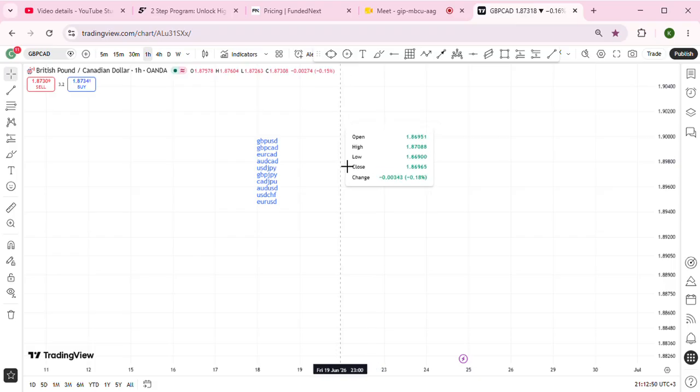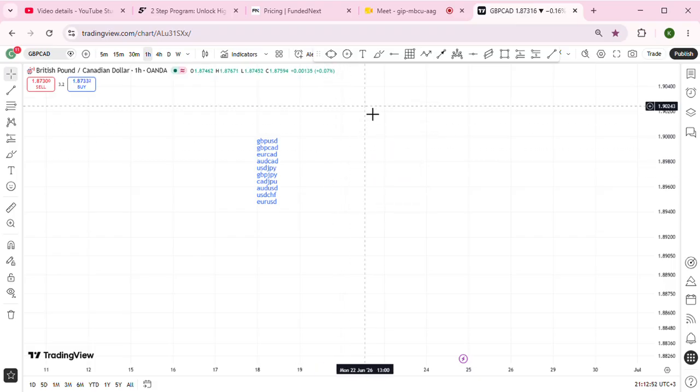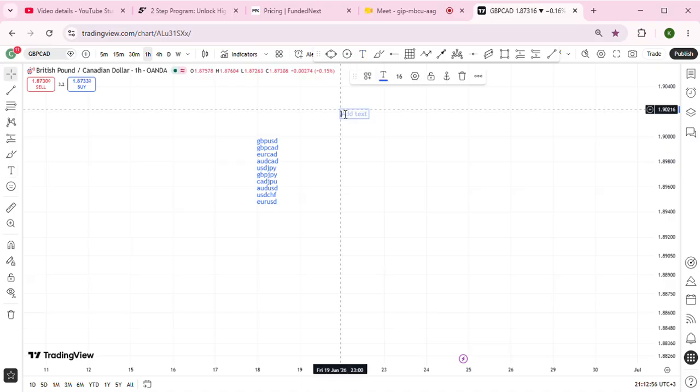Now the other thing you need to remember is that I told you we normally do top down analysis, whereby we start from the weekly time frame.